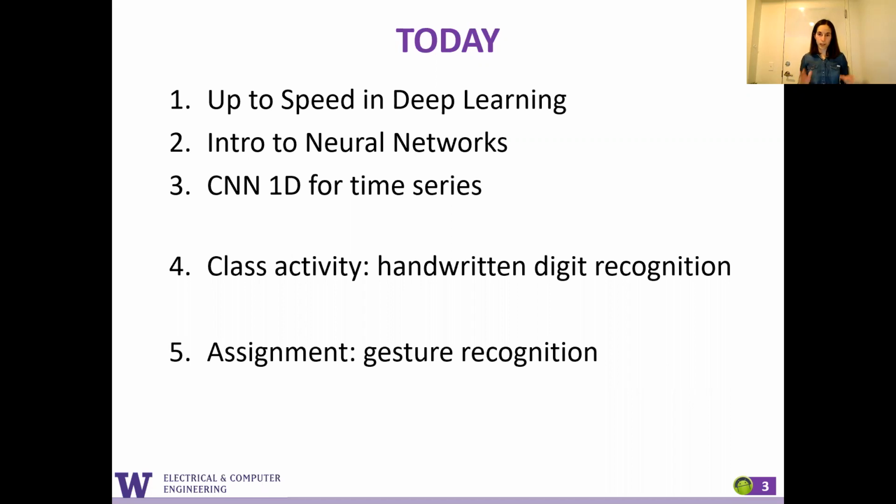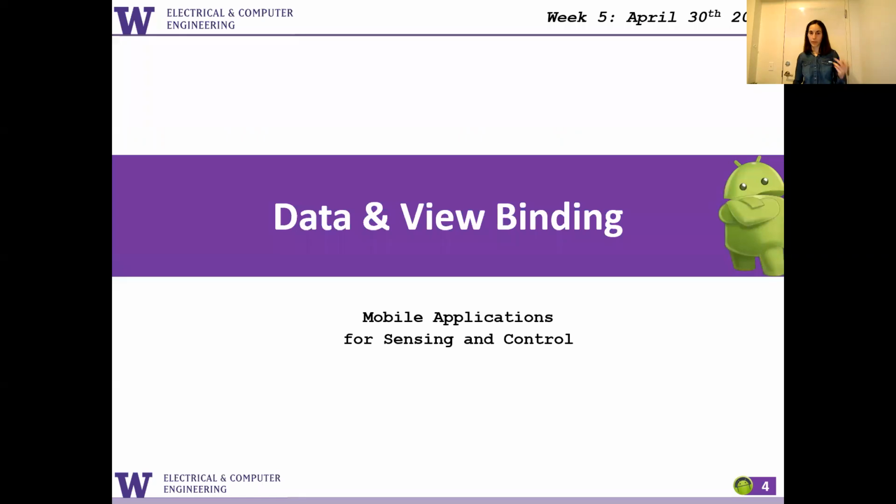But before we jump into deep learning and models in Android, last week someone asked about data binding. It's a more advanced topic, because I think this class could have a second part. What we are doing this quarter is learning about many things that you can do with Android, not focusing on doing them well, but being able to implement many different functionalities so that you know what it's capable of doing.